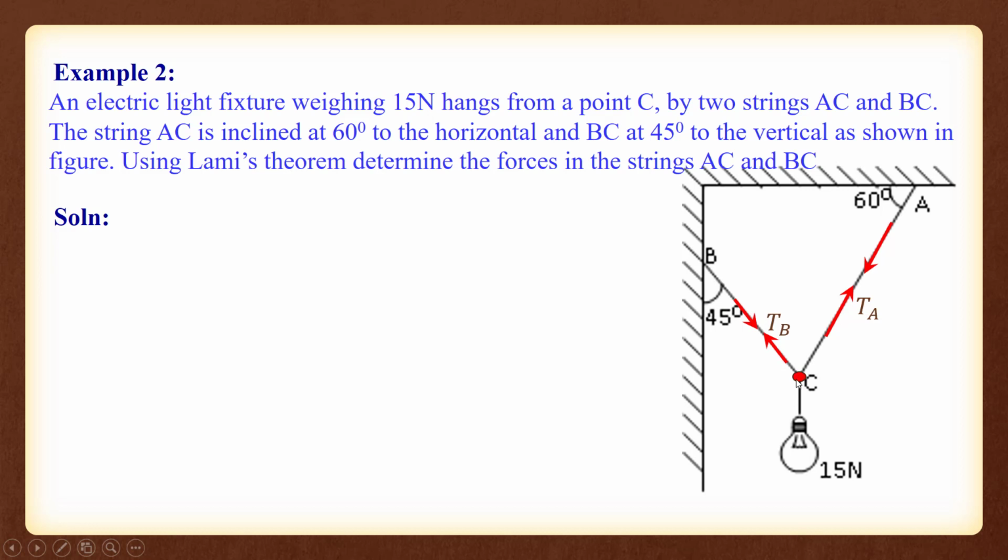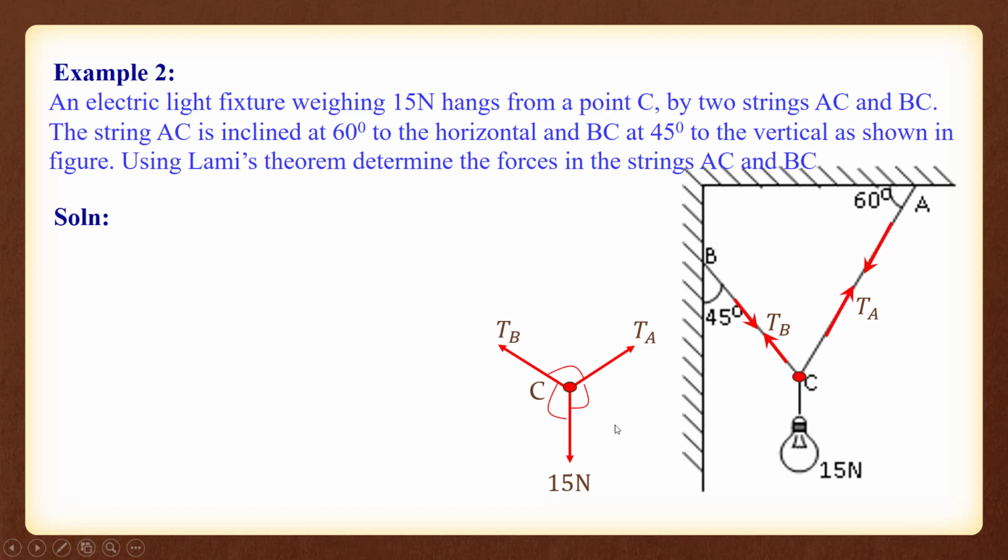So first we will draw the free body diagram of the point C. Now what are the forces acting at point C? One is the weight 15 Newton acting in the downward direction. Then the tension developed in the string AC, which you can mark as TA. Then the tension developed in the string BC, which is marked as TB.